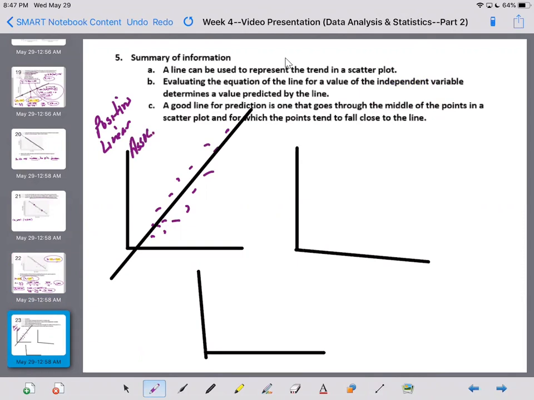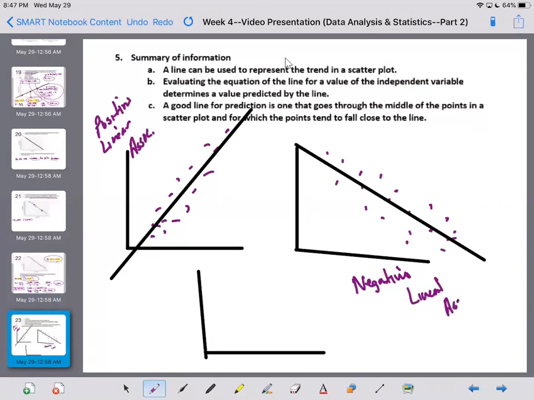If it fits a nice trend line going in the negative direction, that would be a negative linear association. And then you could have something like this, where it's really difficult to tell what's going on. We would say there is no correlation, no pattern of association.